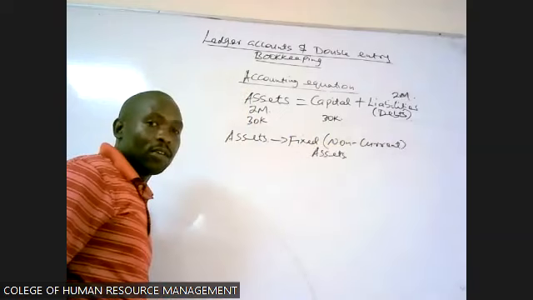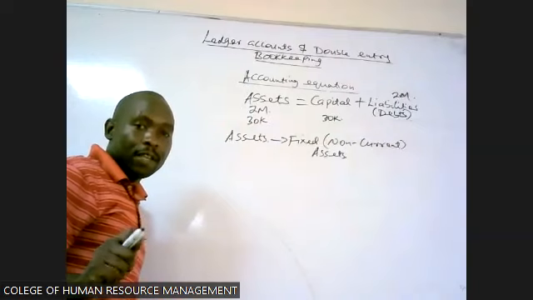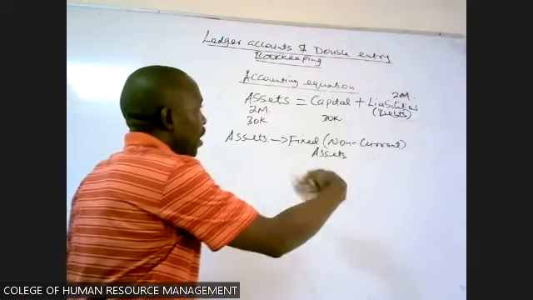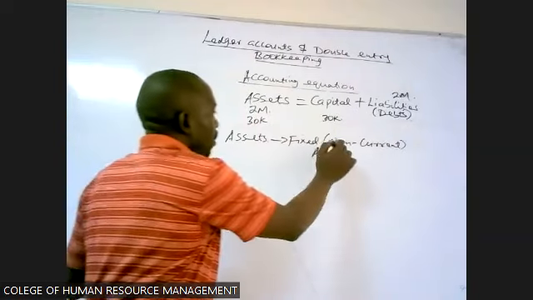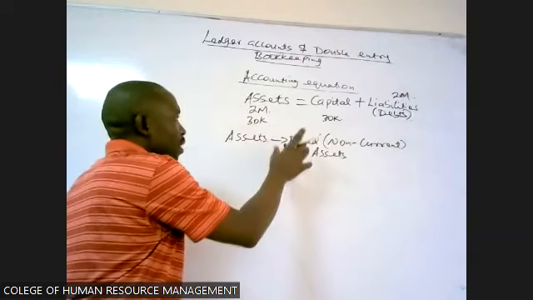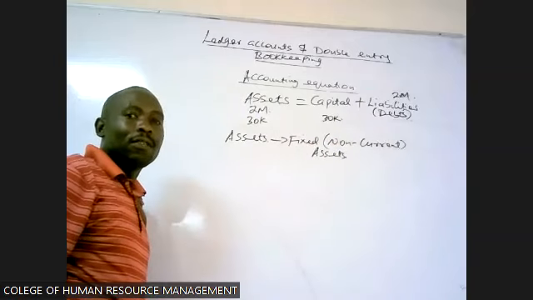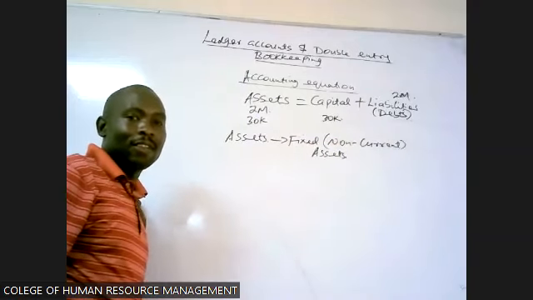That is the first category of assets that we have, fixed or non-current assets. When we shall be progressing with the unit, we shall be referring to them as non-current assets. They used to be called fixed, but nowadays the accounting standards refer to them as non-current assets.